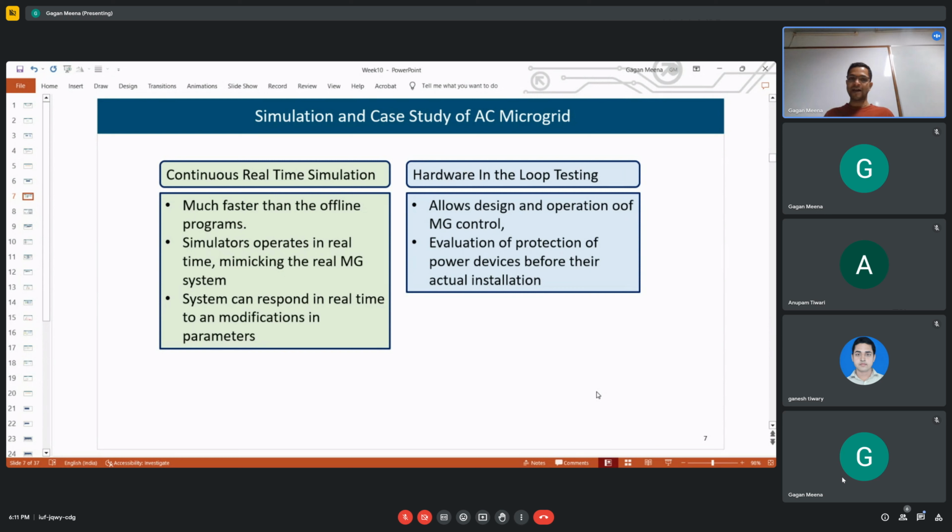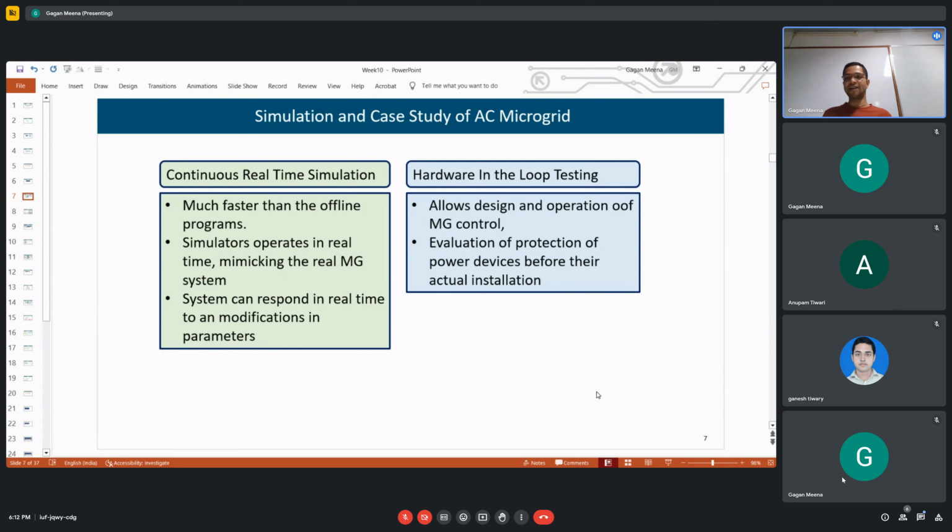For that we have to do many studies, so that several possible cases can be simulated beforehand, the system works fine for all the cases, and we can make sure it will actually work in real implementation also.